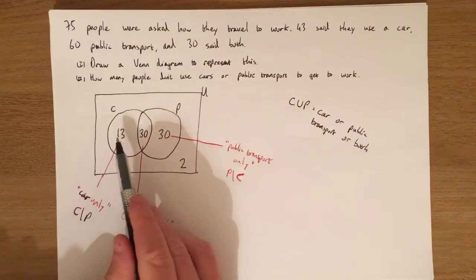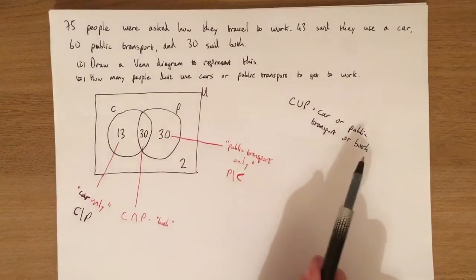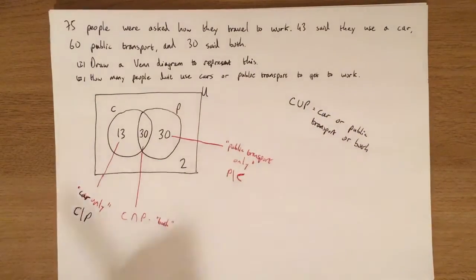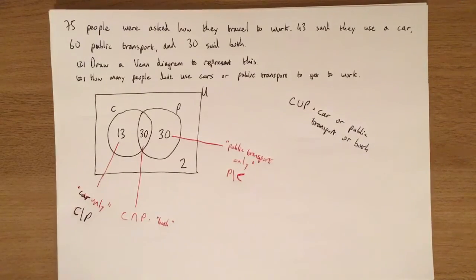So car or public transport or both. Okay, it's a harder one. It's not as easy to describe as some of the other regions, but I think that's the clearest way to describe it. I think some people might say car and public transport, but I don't think that's quite as clear as this. So I think that's how I would describe C union P.